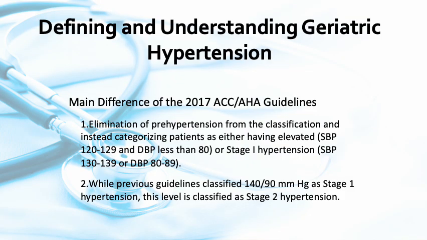The main difference is the elimination of prehypertension from the classification, and instead categorizing patients as either having elevated systolic blood pressure between 120 to 129 and diastolic blood pressure of less than 80, or stage 1 hypertension with systolic blood pressure between 130 to 139 or diastolic blood pressure between 80 to 89. While previous guidelines classified 140 over 90 millimeters mercury as stage 1 hypertension, this level is now classified as stage 2 hypertension.